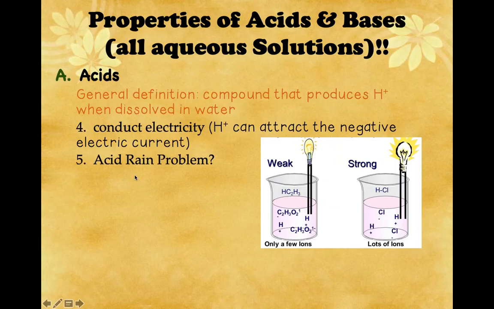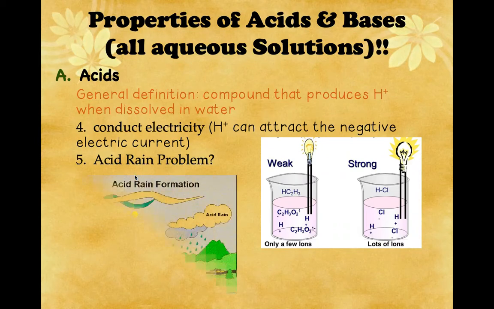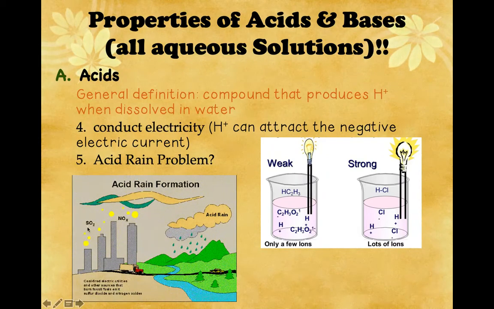And then the other reason that we sometimes talk about acids, or the connection you might have in your world, is about acid rain, like the problem of possible acid rain. So what happens is different pollutants, sulfur compounds, nitrogen pollutants, get into the air from factories, from cars, from different places, and then they react with water vapor in the air, and then that can fall as acid rain.